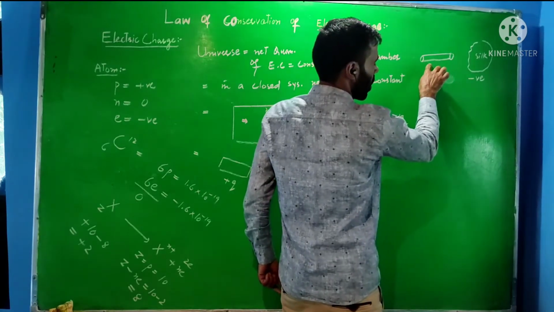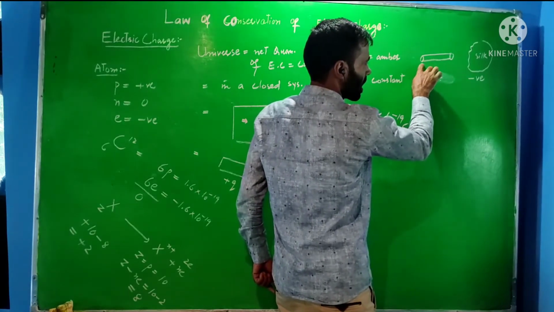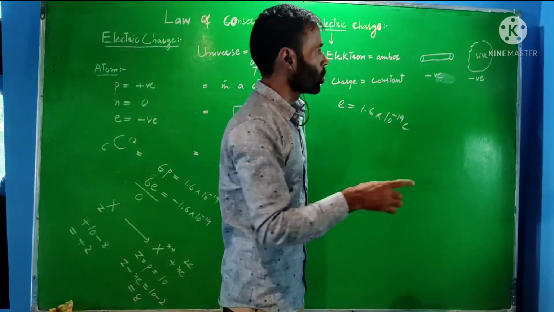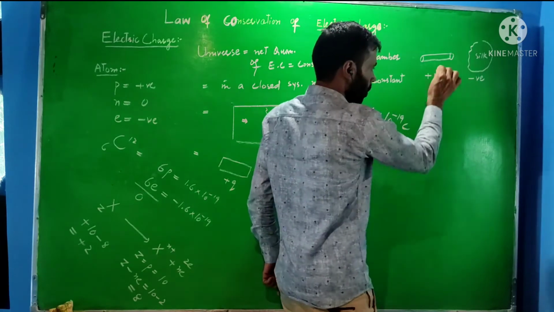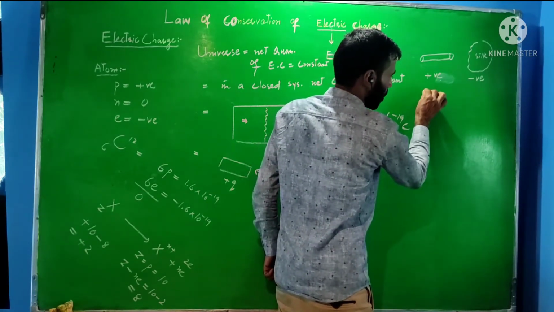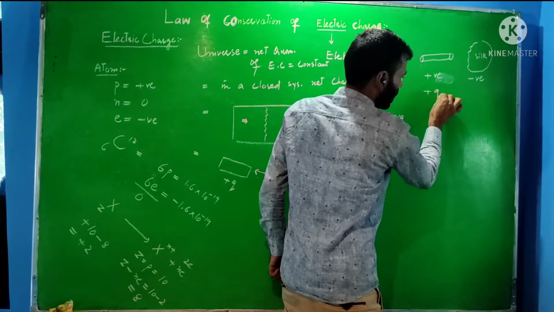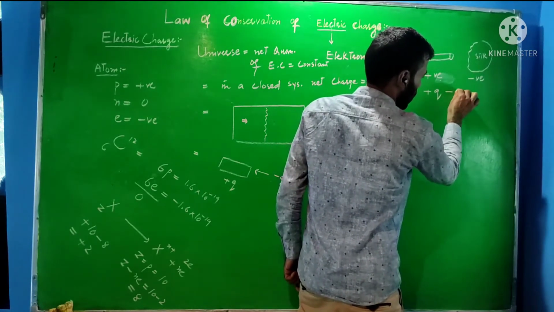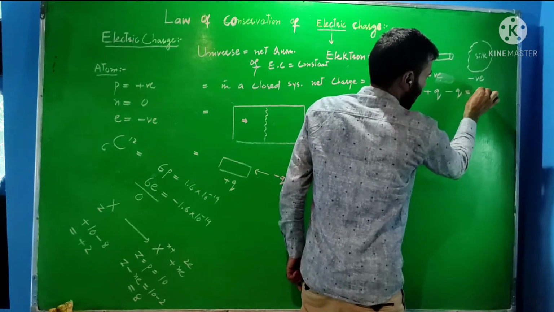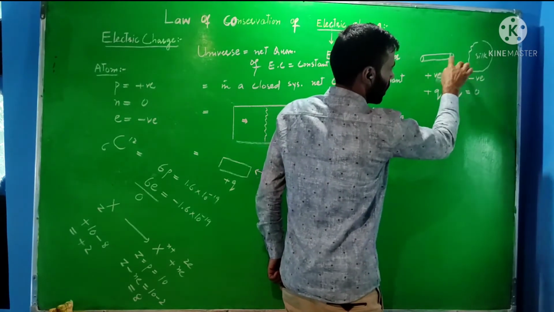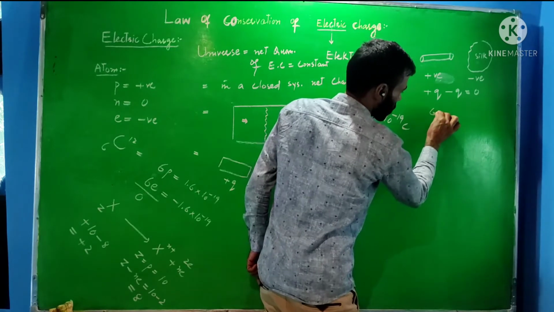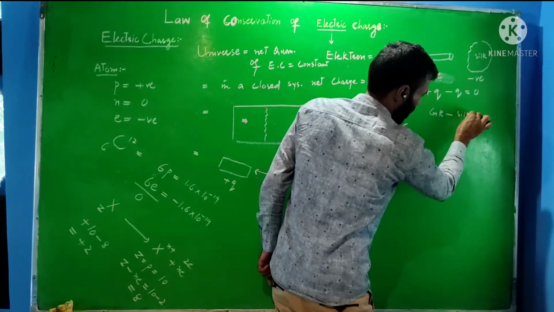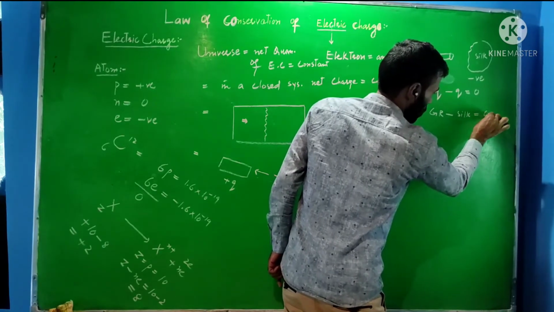Whatever amount of positive charge is produced within the glass is exactly equal to the amount of negative charge developed on the silicon. For example, if the glass acquires a positive charge of plus Q, then the negative charge obtained by silicon is minus Q. Overall, the net electrical charge of the glass rod and silicon system is constant, equal to 0.